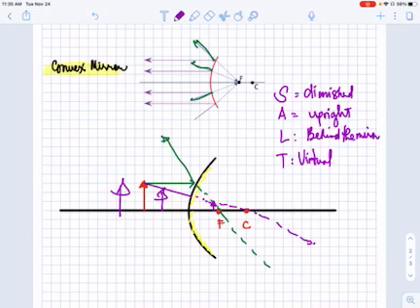So the image formed by a convex mirror is virtual, it is upright, it is diminished, no matter what the object distance is. So this is the image formation by convex mirror.